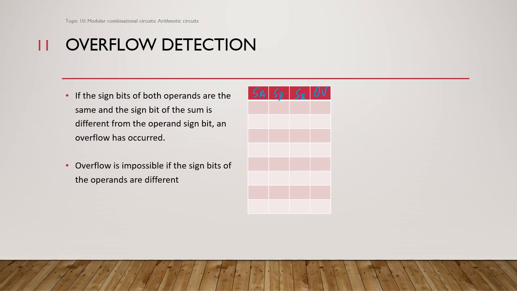So let's see here, we have the sign bit for data A, the sign bit for data B, and the sign bit for the sum. All we have to do is compare those three sign bits, right? So take these three as inputs for our circuit. So we have 8 combinations.